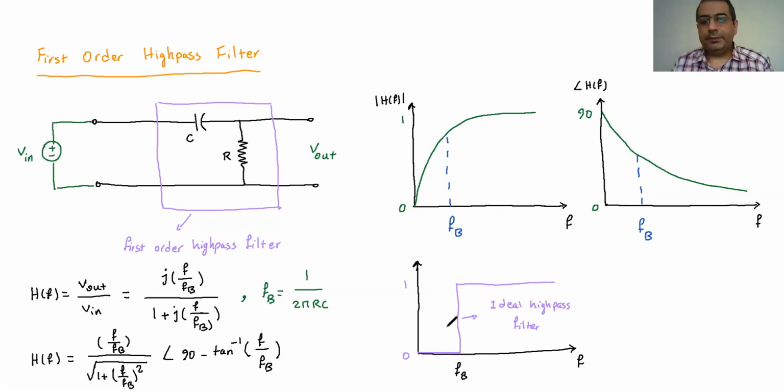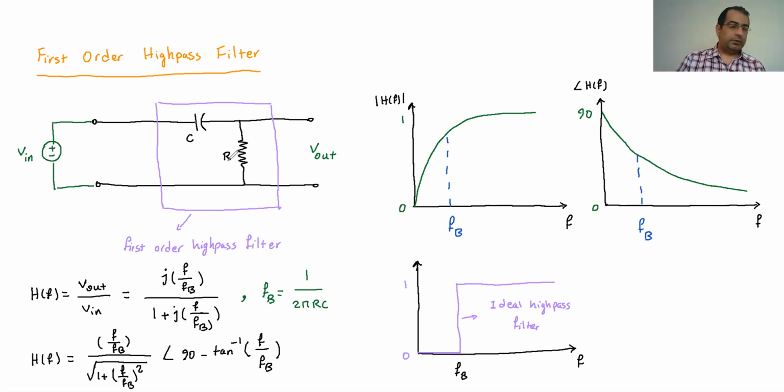As you can see here, this is what, in the ideal world, we want to get, but this simple filter, the first order filter, gives us this. Again, this is the first order.